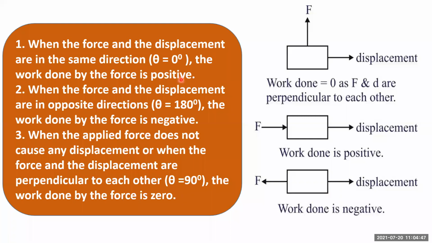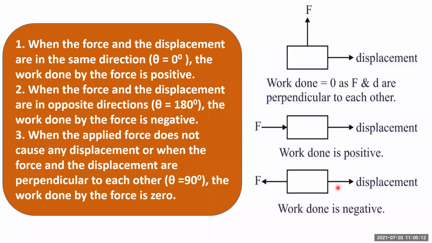Second, when the force and displacement are in opposite directions, theta is equal to 180 degrees. Everyone should know how a 180 degree angle is shown. It is a straight line. The force and displacement are in a line but in opposite directions.